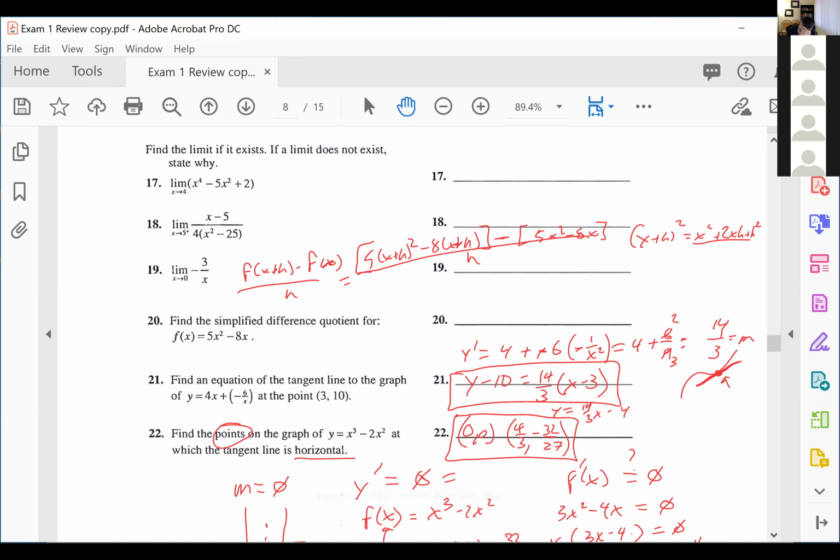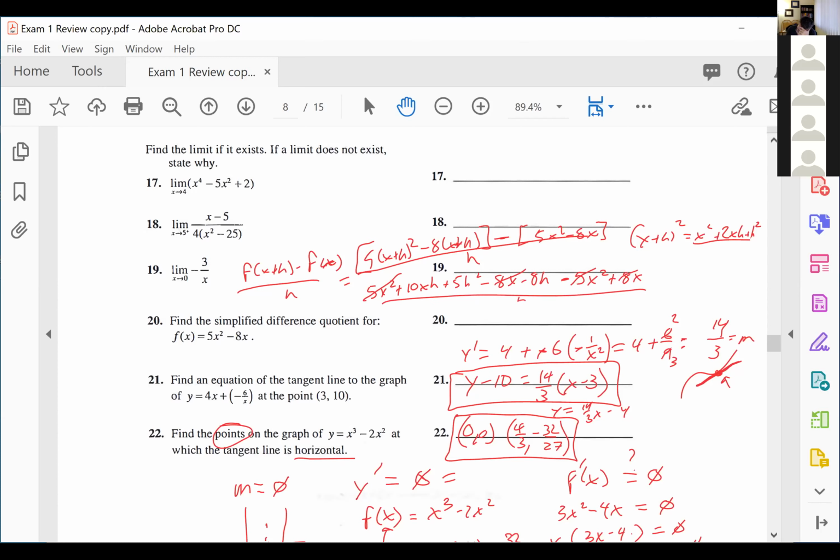This is going to be 5x squared plus 10xh plus 5h squared minus 8x minus 8h minus 5x squared plus 8x. So that guy's gone, and that guy's gone.